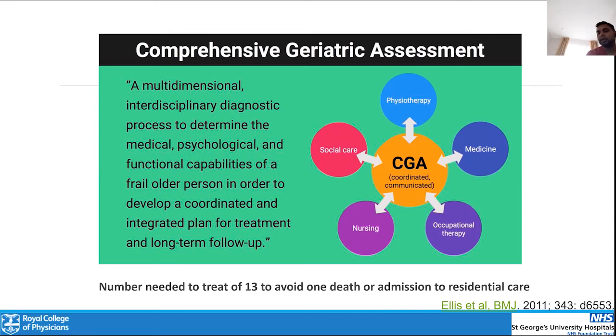However, the thing to remember is that it has a very good evidence base, with a number needed to treat of only 13 to avoid a death or admission to residential care, which, when compared to many of the other treatments that we give to our patients, is actually pretty good.